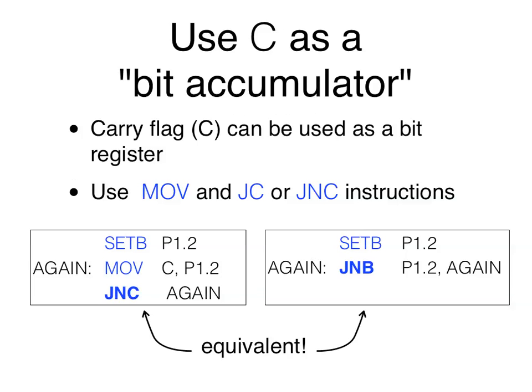And then if there's a change in the value, then you do something. Otherwise, you just wait and spin. One way to do this is to move from P1.2 into C and then JNC, to jump if the carry bit is not set, or if the carry bit is 0.